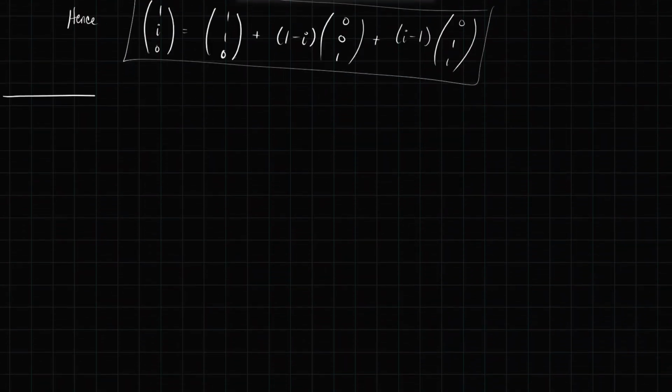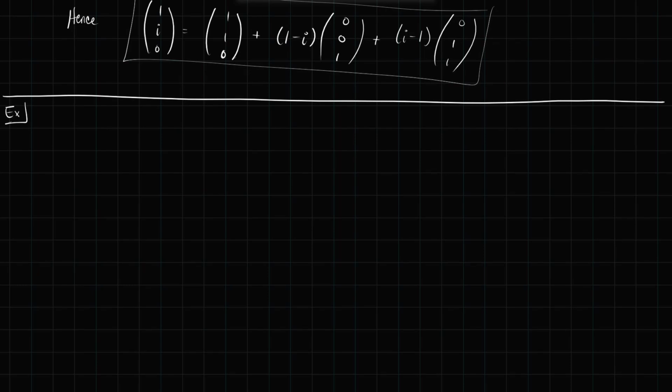Now I do want to finish off with a trickier example. Let's recall that some vector spaces use functions as vectors. So let's recall this space, P2, the second degree polynomials.